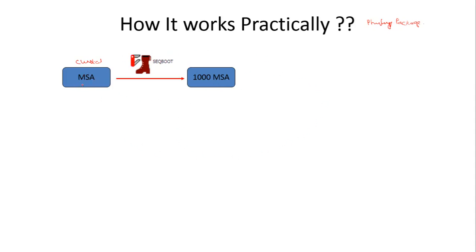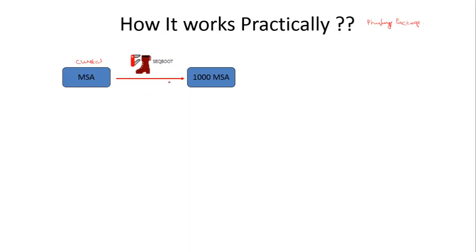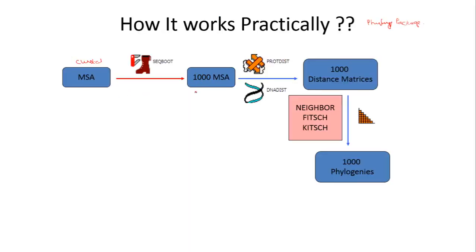You begin with a multiple sequence alignment that you might obtain using software like Clustal. Then in this Phylip package, you have a computer program called seqboot that would generate such 1,000 different pseudo data sets. Okay, so you might end up with say some 1,000 multiple sequence alignments.